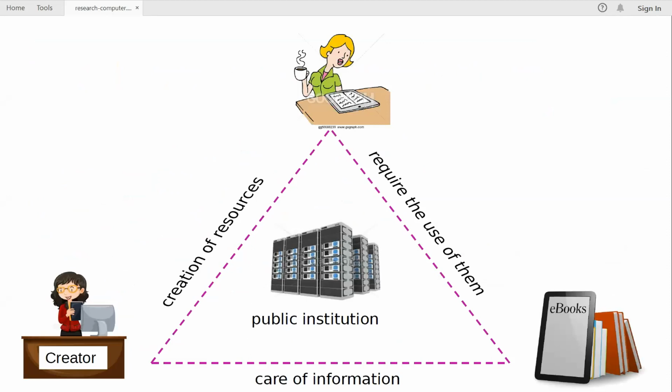Now, seeing the whole scenario from the point of view of a teacher, from the point of view of a researcher, we create resources, we write research papers, we write book chapters, we deliver lectures online or in electronic form, and these scholarly outcomes are being used by the users at their leisure.